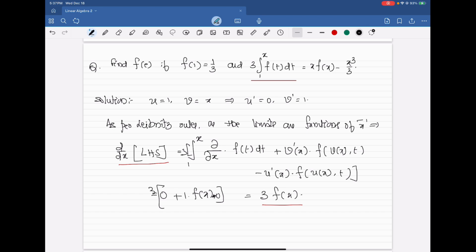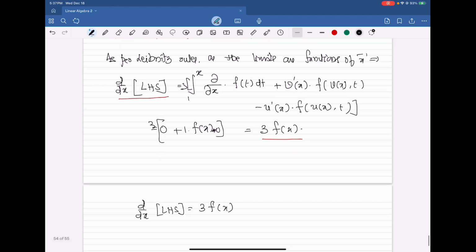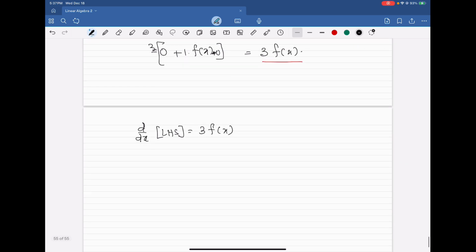Then that is nothing but 3 into this whole value, 3 into f x. This is all. Because ∂/∂x of f t dt is 0, v dash x is equal to 1, and f of v x t is nothing but f x, and u dash x into f of u x t is 0, then 3 f x. d by dx of the left hand side is equal to 3 f x.